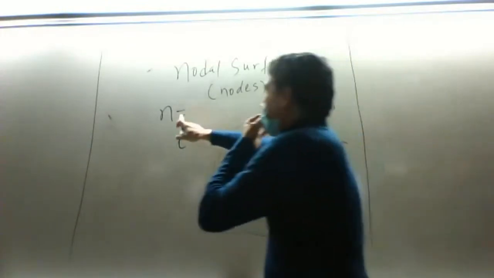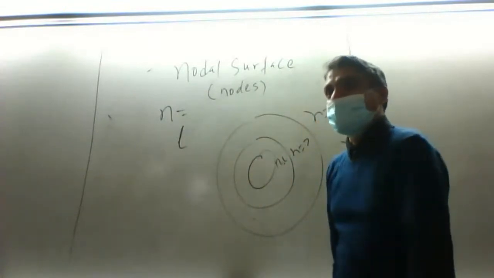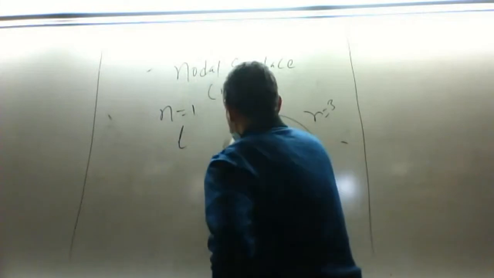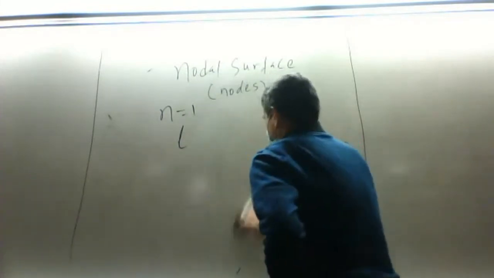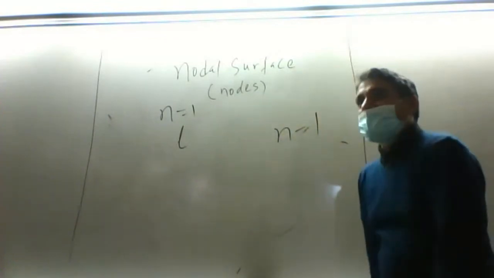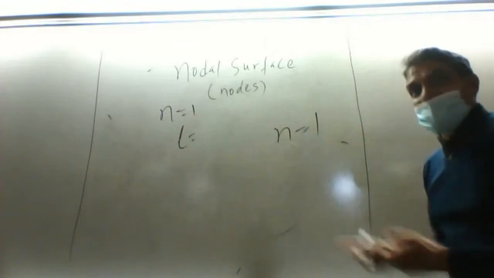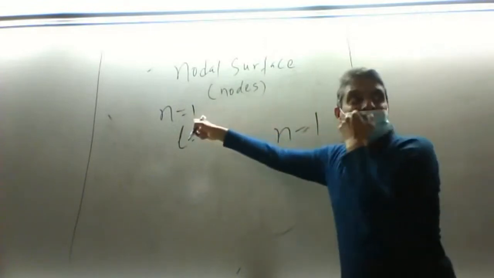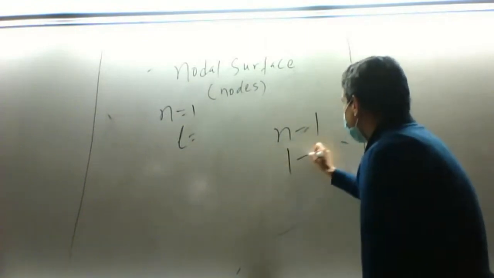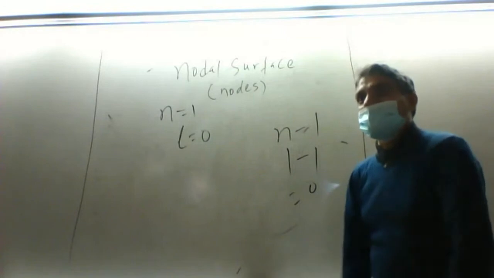We cannot say orbit number 0 here because 0 is not an orbit. Now, I told you the L value is n minus 1. How many values can L have? If you have n equals 1, we are talking about the first orbit, right? Now, that's 1 minus 1, that is 0. So L has the value 0. You see that? That's how we calculate, right?